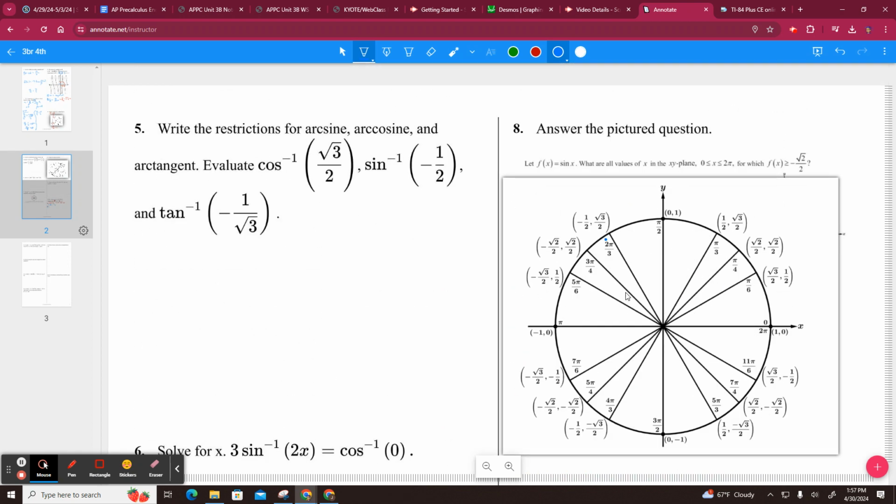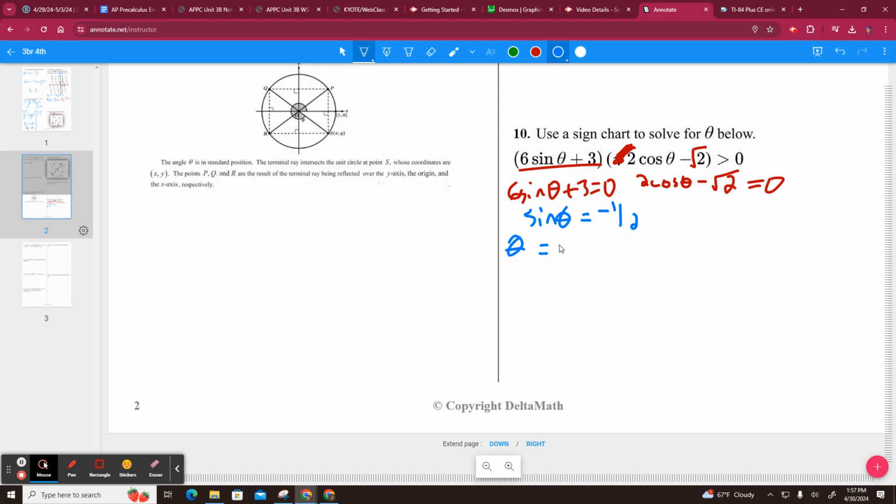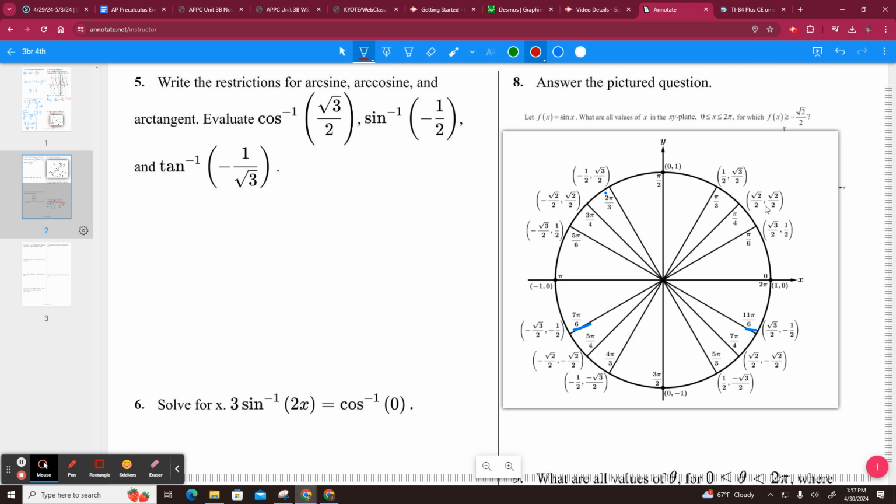Yeah, sine is negative 1/2 rather, at 7 pi over 6 and 11 pi over 6. And then for the cosine, you would add the square root of 2 on both sides, then divide by 2. So I get positive square root of 2 over 2, which happens, go to my unit circle, at pi over 4 and 7 pi over 4.